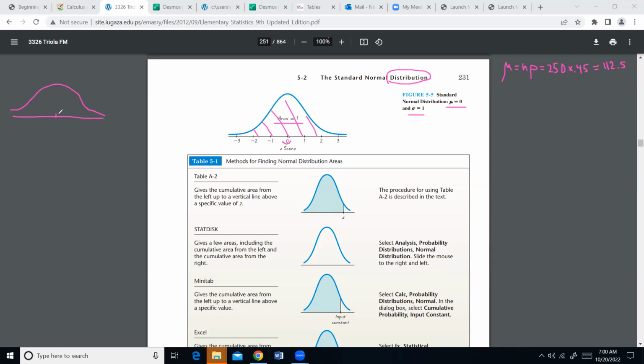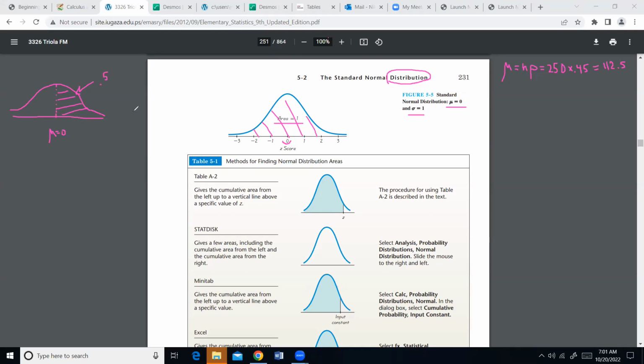So for a standard normal distribution, we have the mean in the middle at 0.0, and the picture is going to be symmetric, which means that if I produce this line from the mean and up, then here will be exactly half of my area, and half of the area, which is 1, is 0.5.